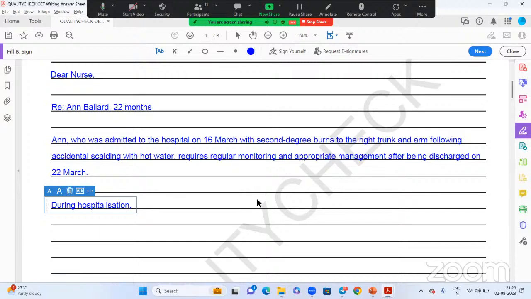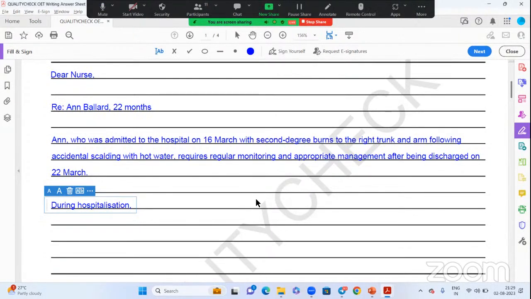There are no complications. The hospital stay was uncomplicated. Okay. The hospital stay was unremarkable, uncomplicated, was without any complications. So however you want to write, you can write here. During hospitalization, there were no complications. Or the hospital stay was uncomplicated. The hospital stay was devoid of complications, without any complications.